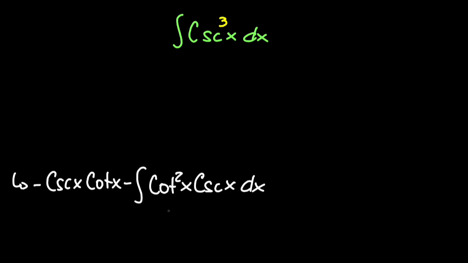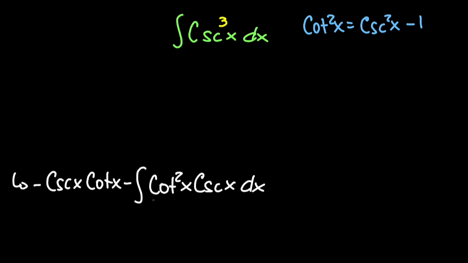And the next step would be to focus on the part that has the integral, because in our case here, there is no integral in the first part, so it is now simplified as it is. Focusing on here, we must focus on cotangent squared of x. Know the identity: cotangent squared of x is equal to cosecant squared of x minus 1.